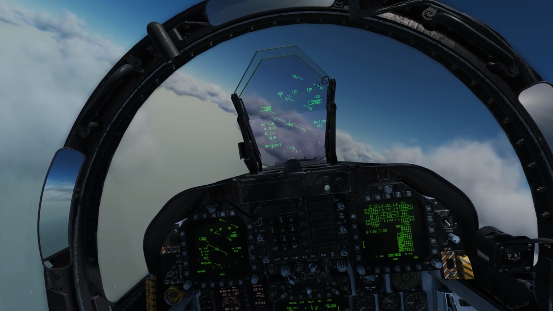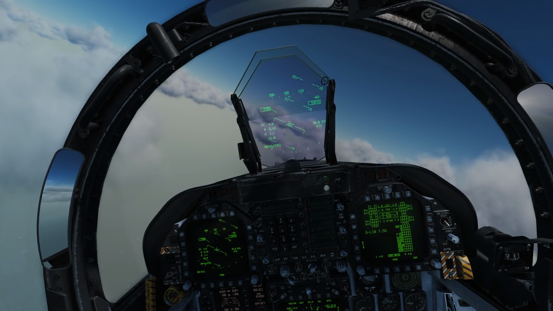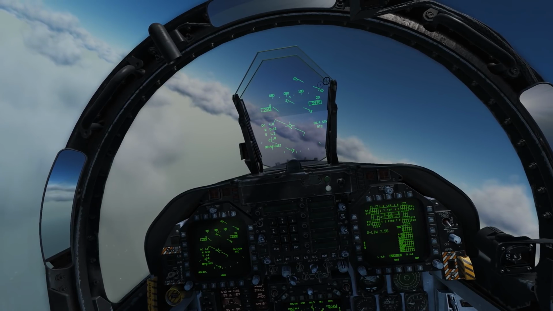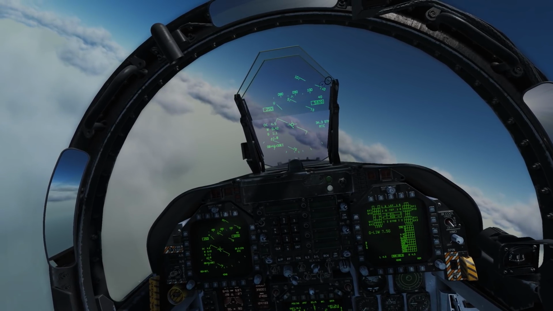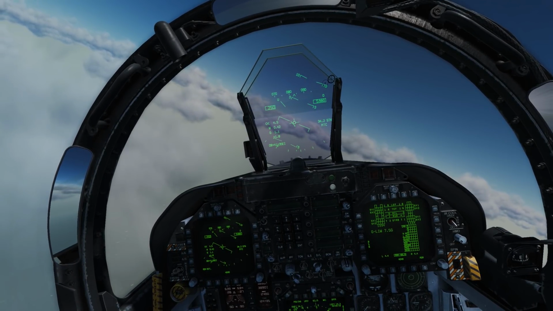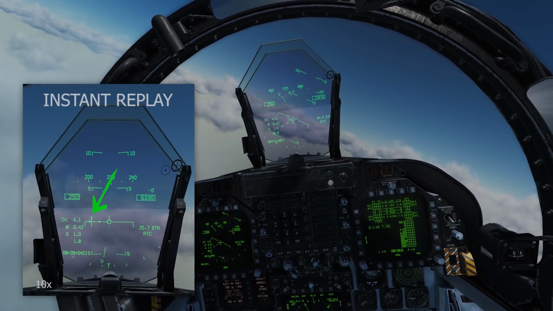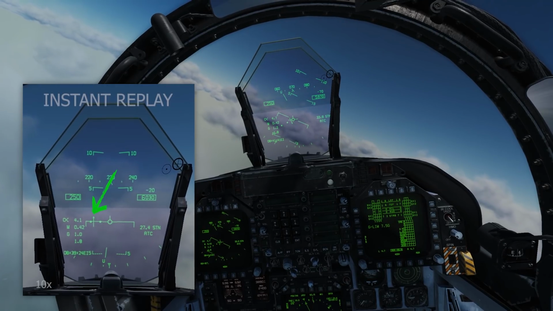Now, the reason for this is that the ship is moving. I think I set this mission to have it running at about 25 knots. So while I was flying downwind in the pattern, the course line was getting closer and closer to my plane. And you can actually see this on the tack-end needle on the HUD.